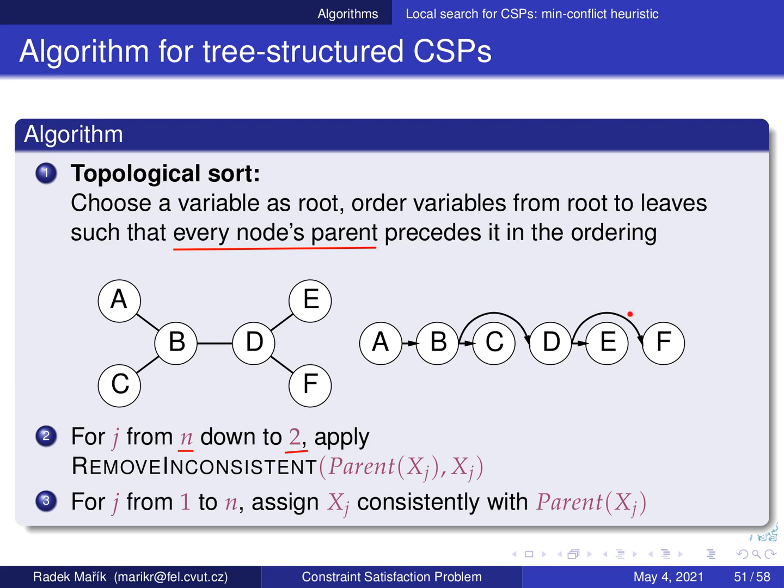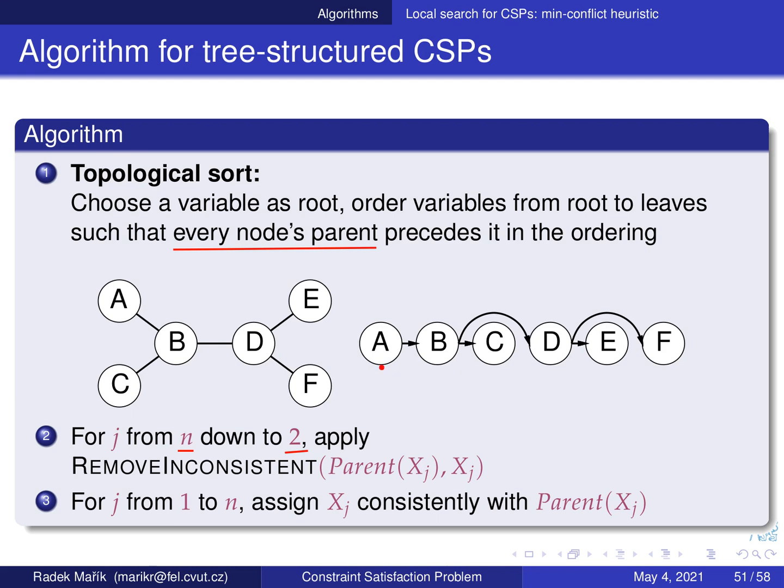In this way, you propagate the information up to the root, and then in the following step, you are able to go in the opposite direction, basically from 1 to n, and assign each node consistently with the parent.